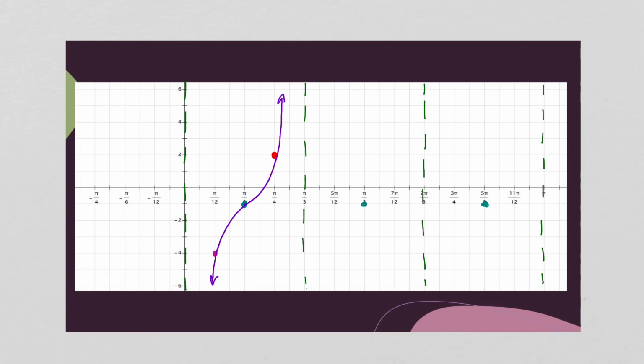And then in the middle, between the asymptote and the point of inflection, keep that at -4. And then same thing, but keep that top one at 2. And so there are 3 periods of this tangent curve.